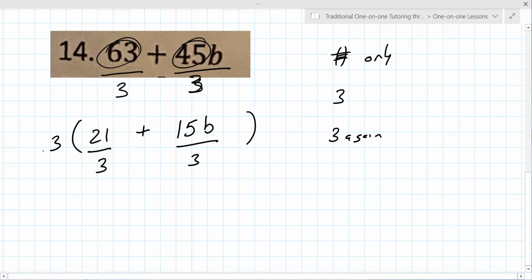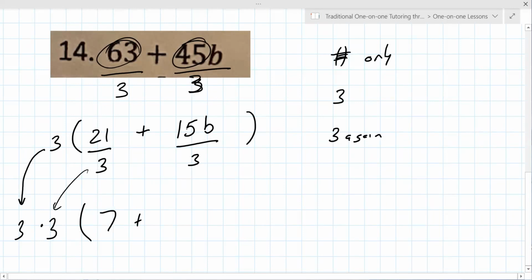So this 3 comes down, and this 3 is the one that comes out here. So what is 21 divided by 3? 7.